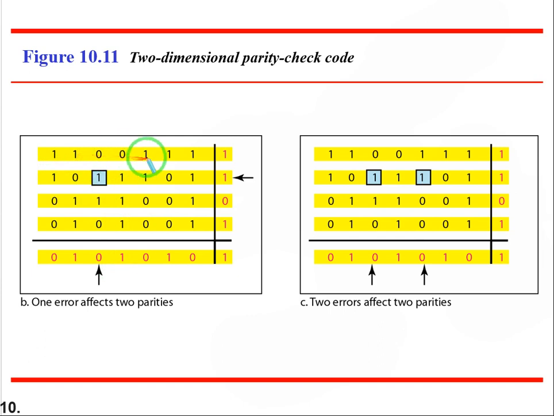So 1, 2, 3, 4, 5. If this bit is corrupted, this 1 is going to be 0. Then counting 1, 2, 3, 4, 5, this code word is going to be corrupted.